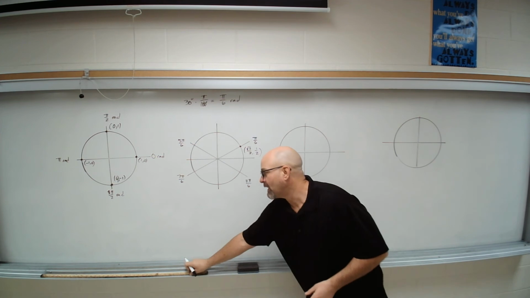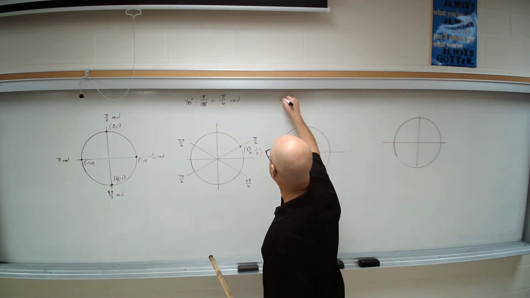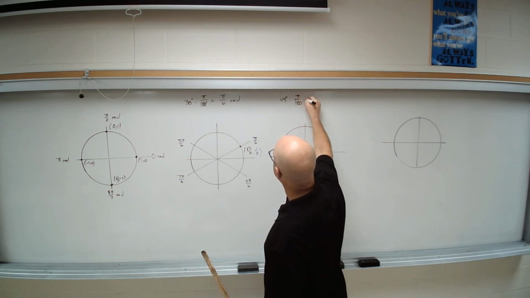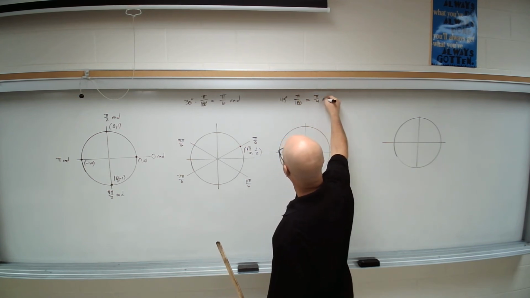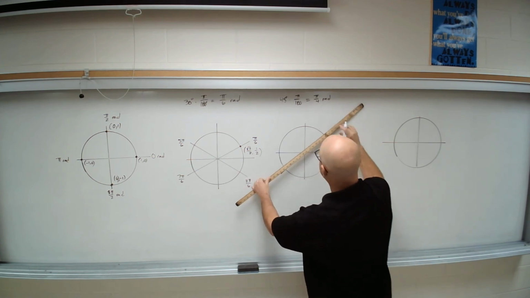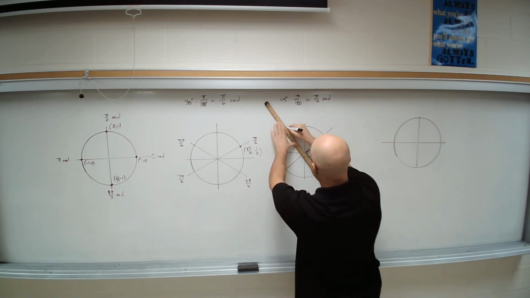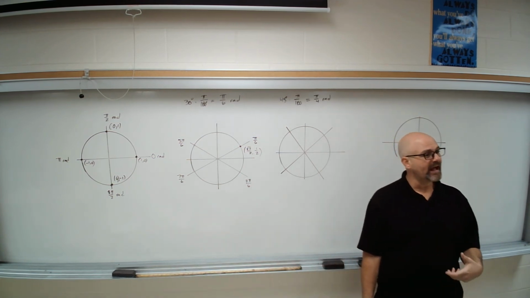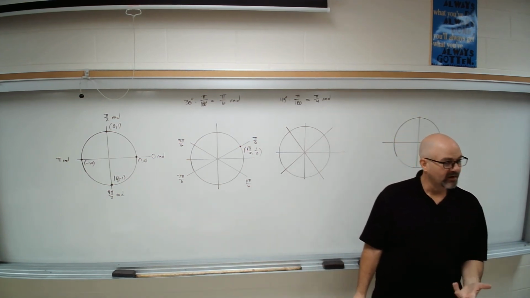So the next thing we want to look at is a 45-degree angle. So times pi over 180, that's pi over 4 radians. So that would be here and here. Okay, now what we're going to see is all of these are going to have an over 4 with a pi on top.